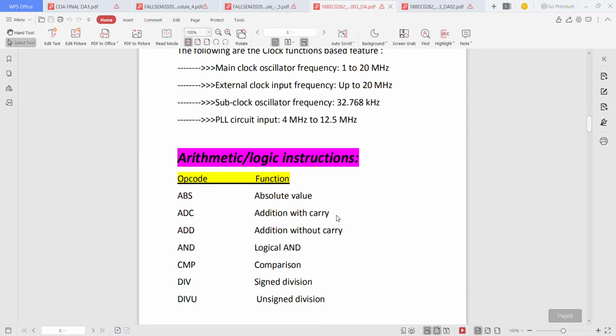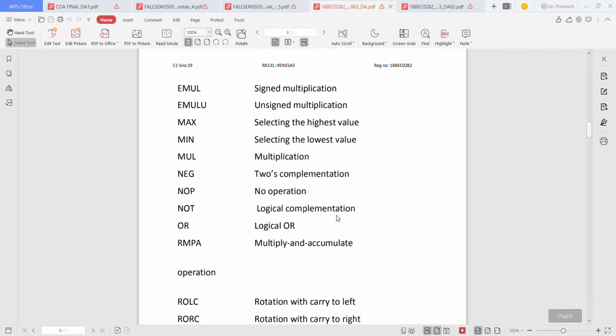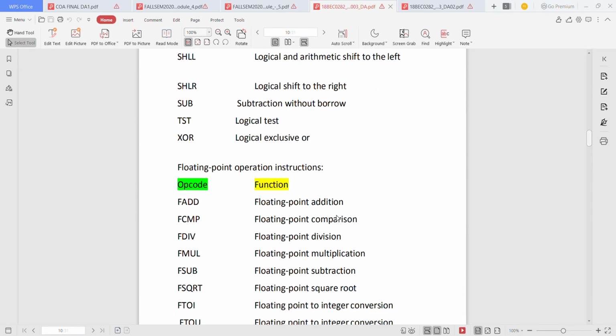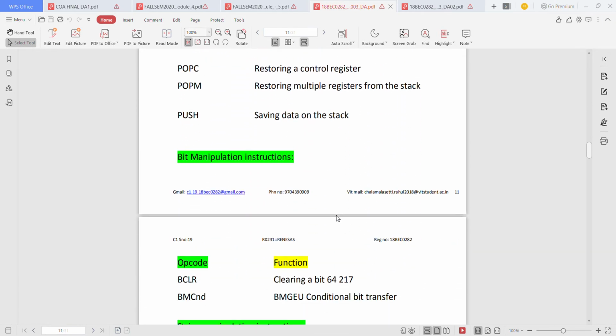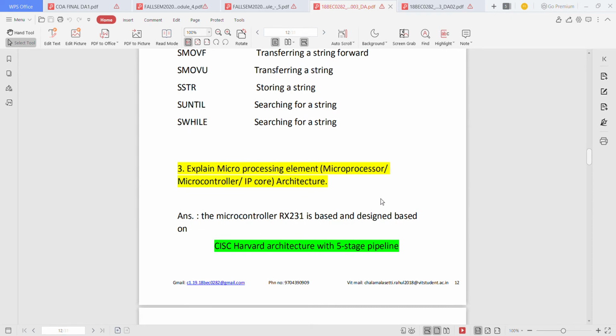There are a total of 6 instruction groups, divided into arithmetic logic instructions, floating point operating instructions, data transfer instructions, bit manipulation instructions, string manipulation instructions, etc.